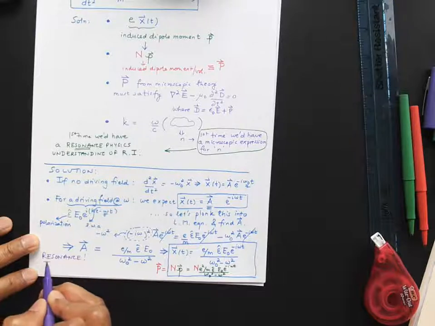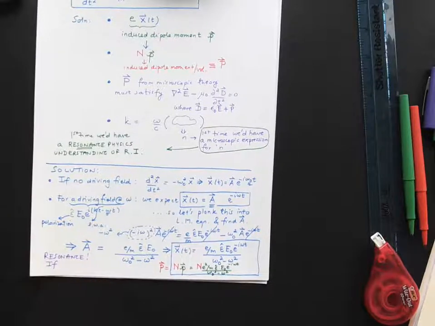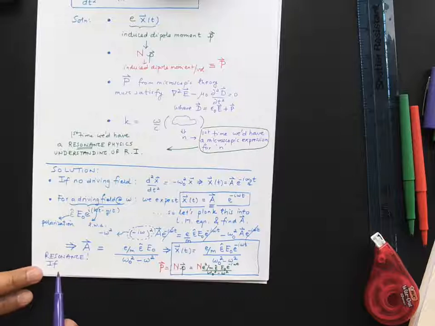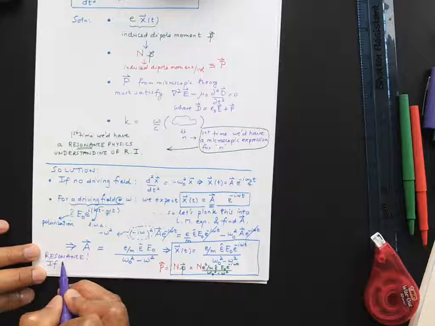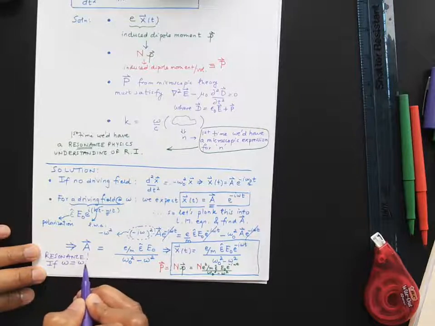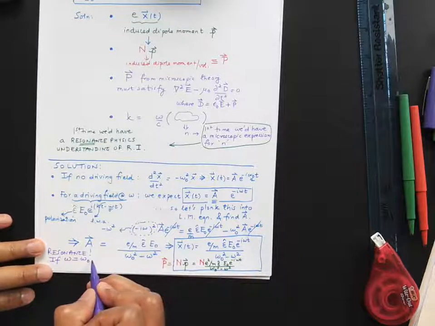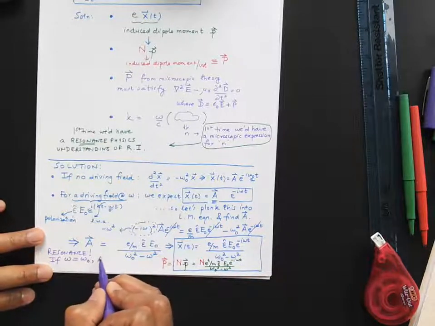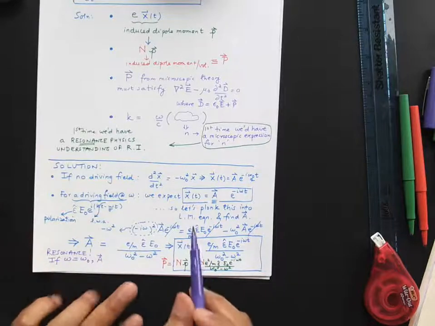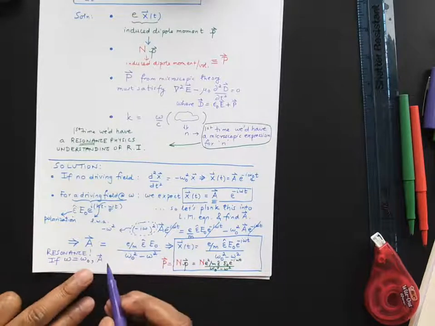is like the child pushing the swing at the frequency that the dad and the swing system like to oscillate at. So if the driving frequency happens to equal the natural frequency at which the electron likes to oscillate, then A, the amplitude of the oscillation, actually blows up.